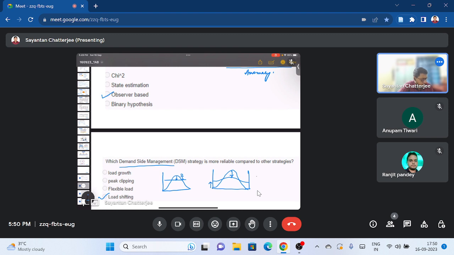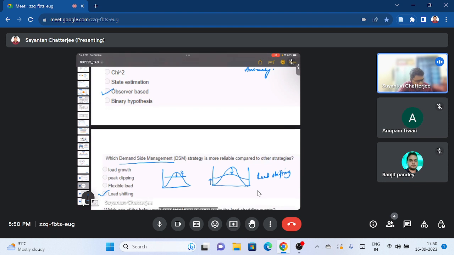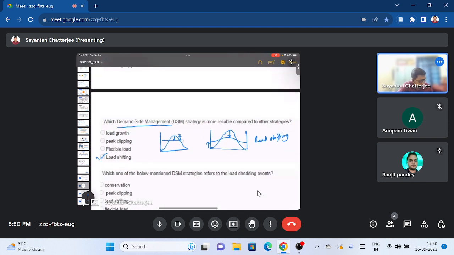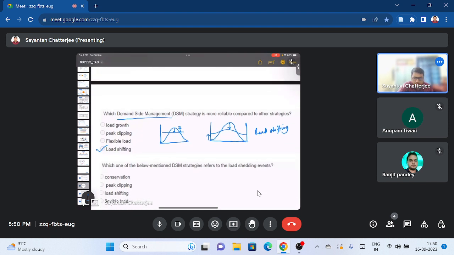So both constitute load shifting. So yes, load shifting. Then which of the below mentioned DSM strategies refers to load shedding events? Load shedding events.